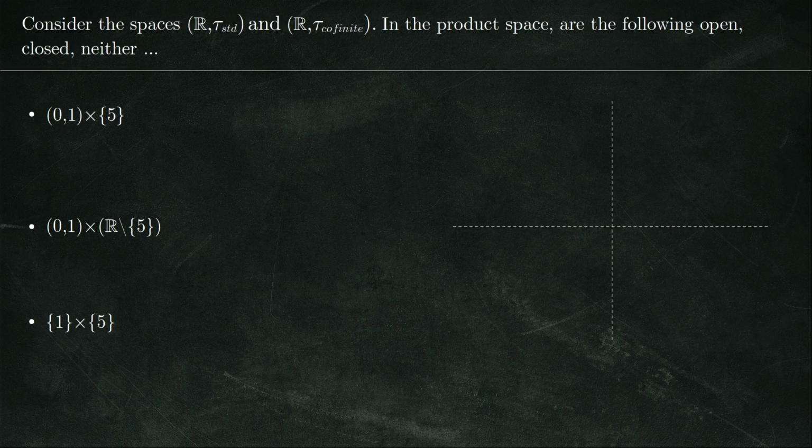I'll have a go at the first one. I've drawn it on the right there. Firstly, we have the open interval, and then there's the single point 5. Well, this is an open set cross a closed set, so it's neither. Okay, have a go at the next few on your own, and then come back to the video.